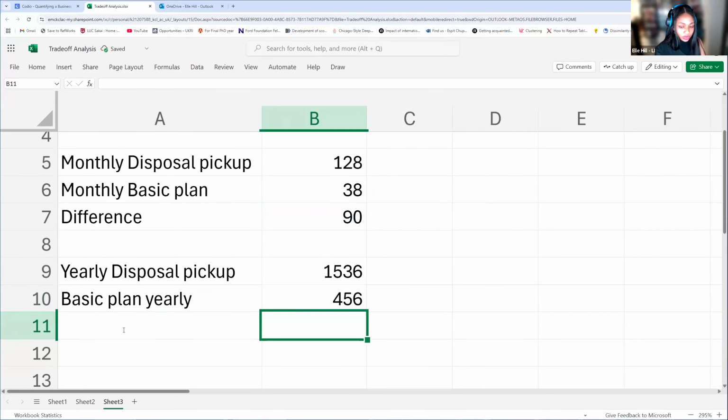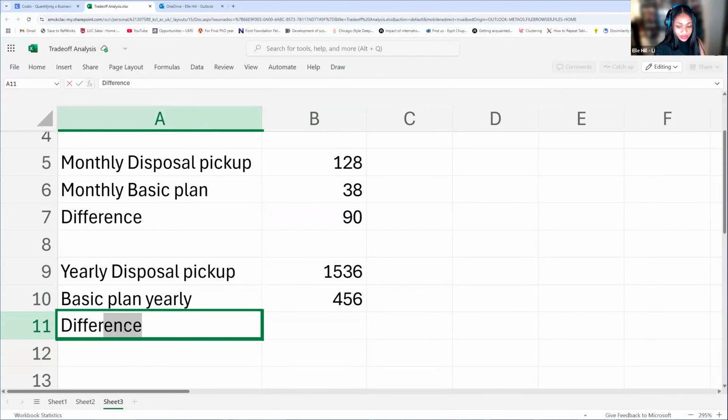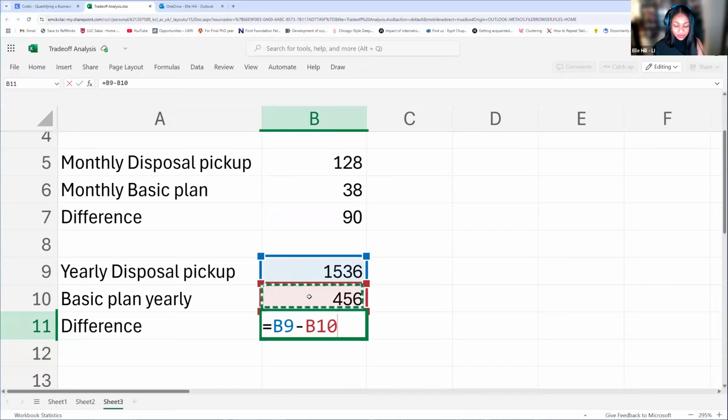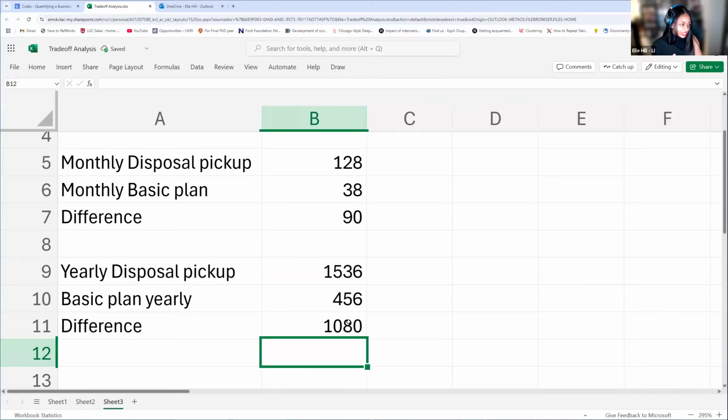Now, let's see our difference. And let's just let Excel do it for us. So I'm just going to select the cell. I'm subtracting and then select the other cell I want to subtract from. And then as you mentioned, yes, $1,080 difference. Now, I actually need to convert this into weeks.